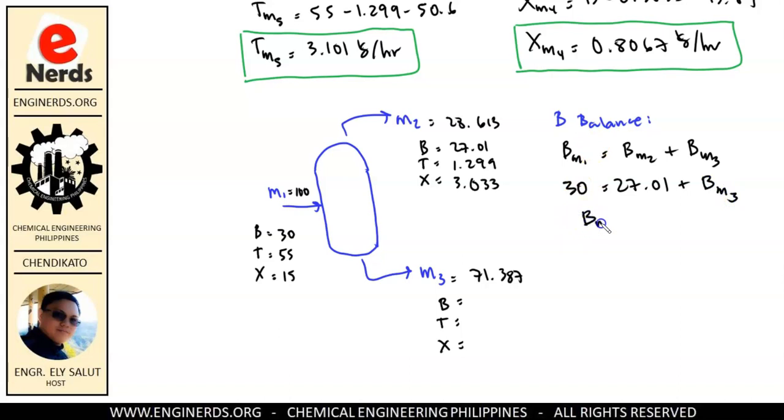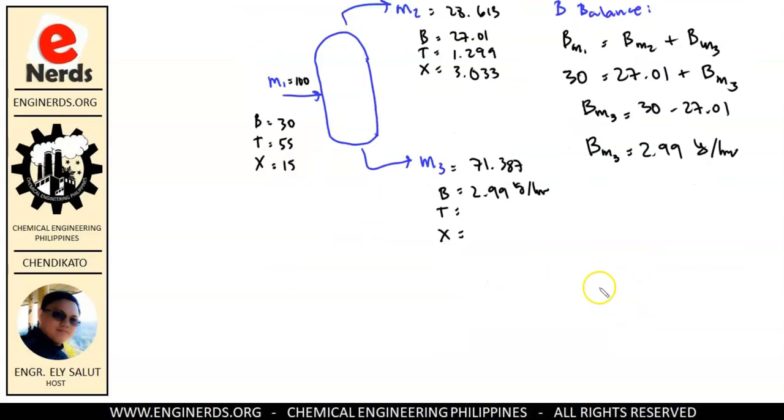So benzene in M3 is equal to 30 minus 27.01, which is equal to 2.99. Okay, so we have 2.99 kilogram per hour. Okay, so our B is 2.99 kilogram per hour.